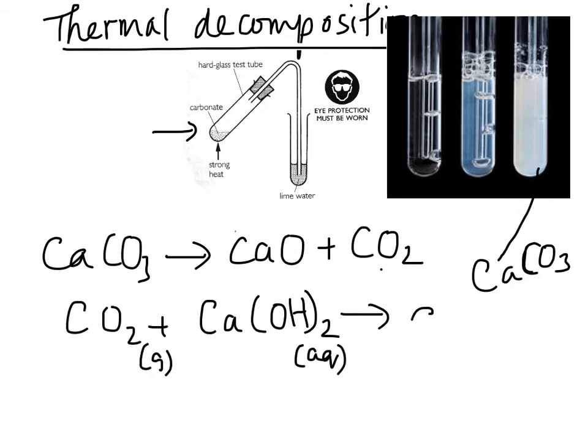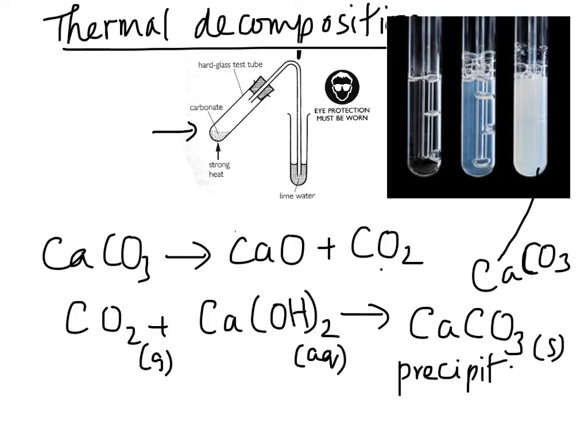What you get is calcium carbonate solid, which is the white precipitate that you see here, and of course water. So you get calcium carbonate solid, which is where we started from. Calcium carbonate gives this gas. That gas passed through calcium hydroxide gives you back calcium carbonate, which you see as white precipitate here.